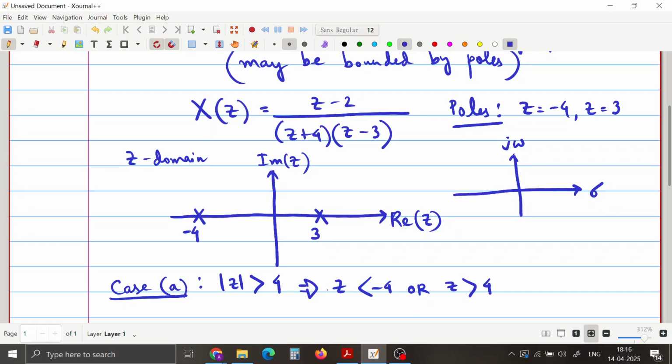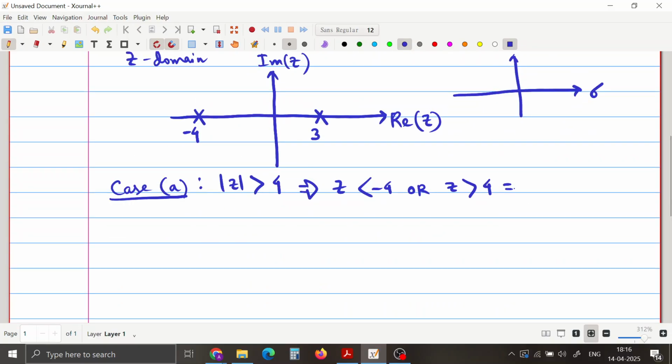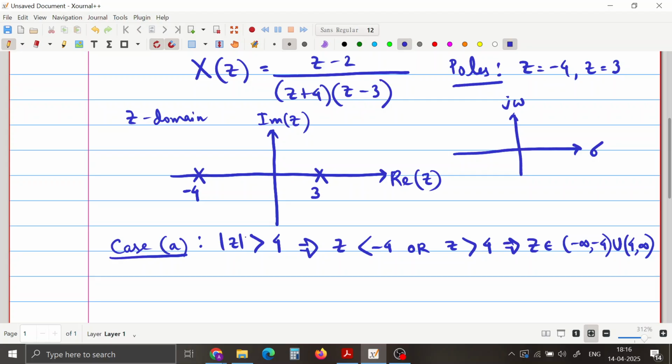Okay, or in terms of intervals, you can also denote it like this: z belongs to the interval minus infinity to minus 4 open, union plus 4 to plus infinity open interval, the union of these two intervals. So if this is a valid ROC, how should the ROC look if I plot it in the z plane?